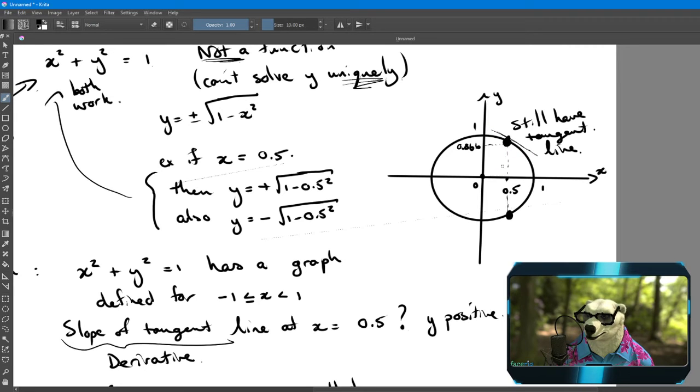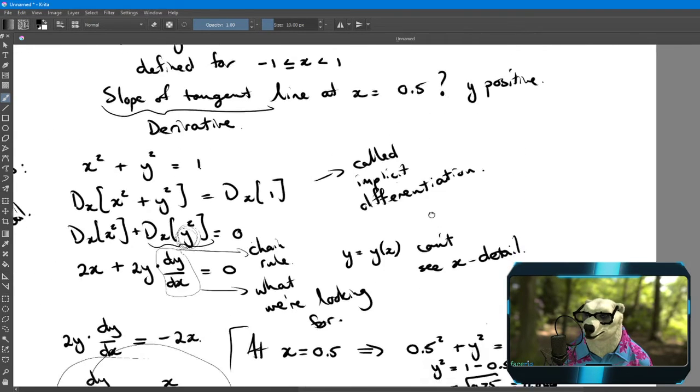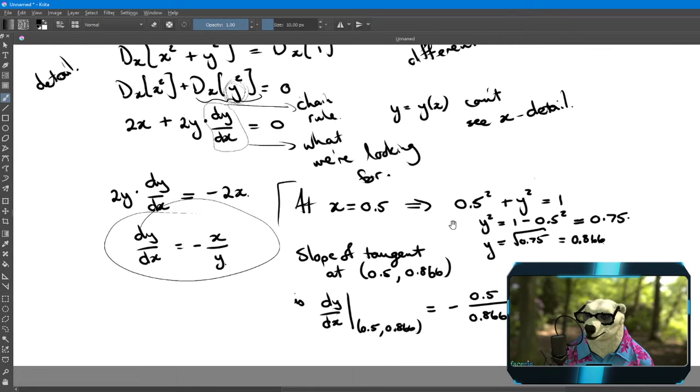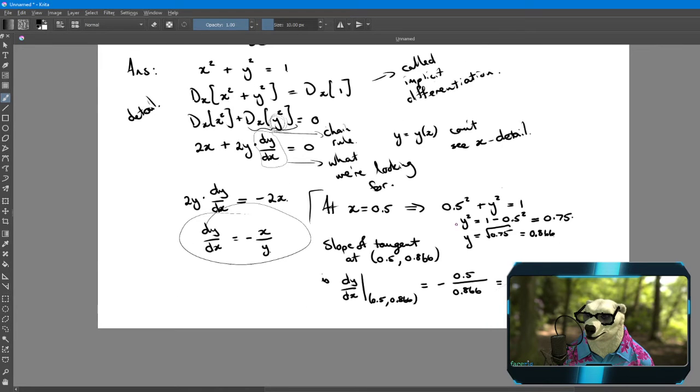How steep it is, who knows? We now found a way to calculate what the slope is, even if I do not have a function.